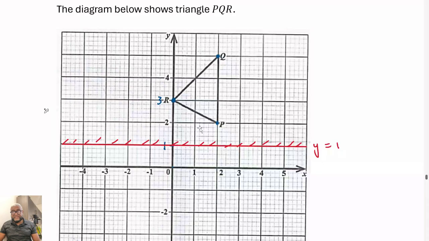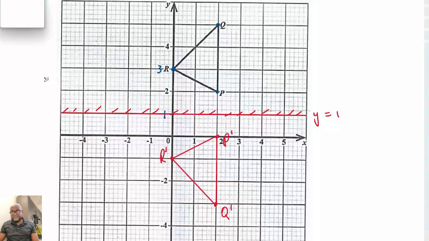So let me see who can reflect this here. Reflect. Right, very good. So if we reflected this triangle in the line y is equal to 1, you track each point. This is 1 centimeter to the reflection line, so it will be 1 centimeter away. This is 2 centimeters to the reflection line, it will be 2 centimeters away.